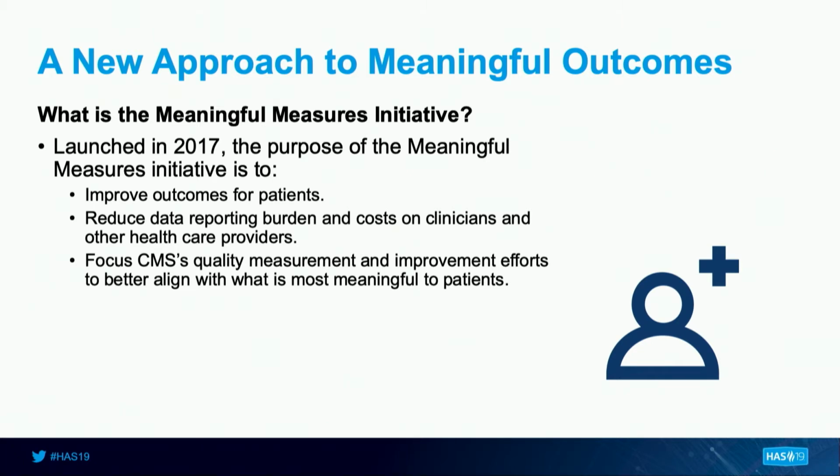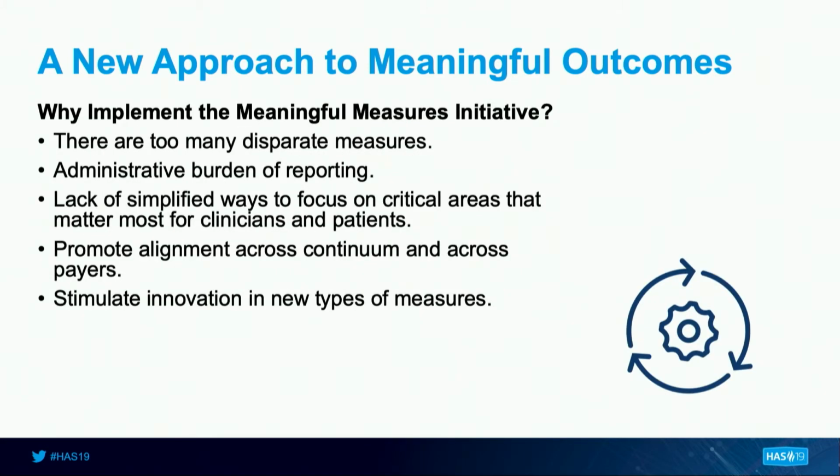Because we really wanted to use this as an opportunity to take a pause from the fast pace of measure development, to take a pause from all of the measures that we were implementing, et cetera, and really reflect on what was meaningful to patients. And so we have this new approach, of course, that's needed because we had these disparate measures, because of the reporting burden, because we needed to promote alignment, et cetera.